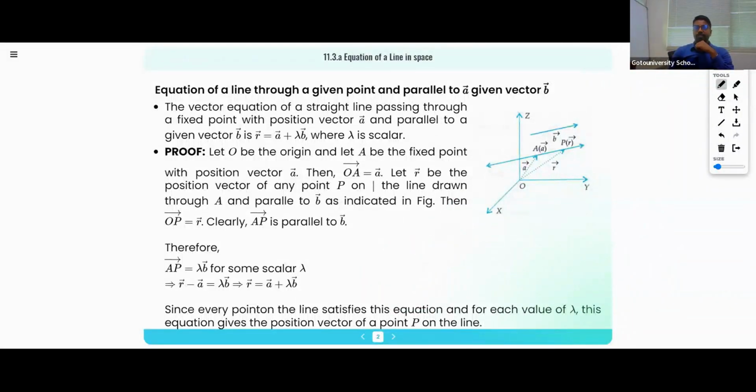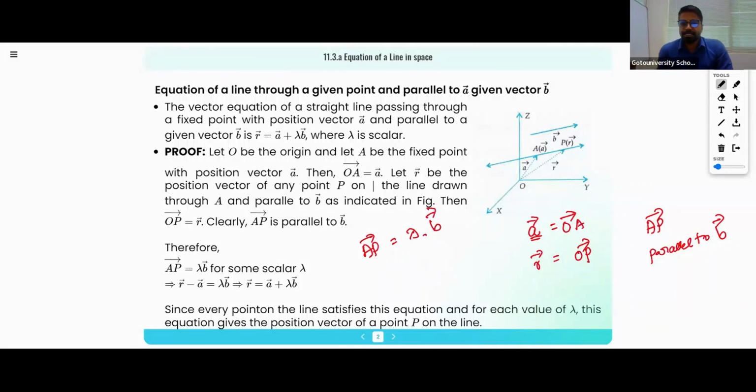Let us understand this first. There is a vector A, which is the position vector of point A, starting from the origin. And let us have R, which is the position vector of P. Then AP is this vector which is parallel to vector B. So we can represent AP as some scalar multiplied with vector B, as it is just parallel.